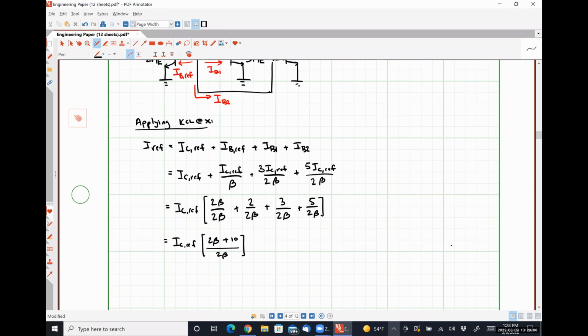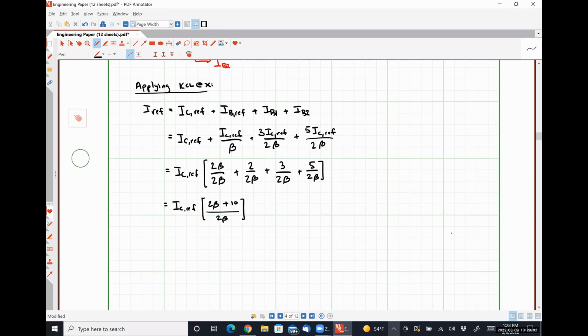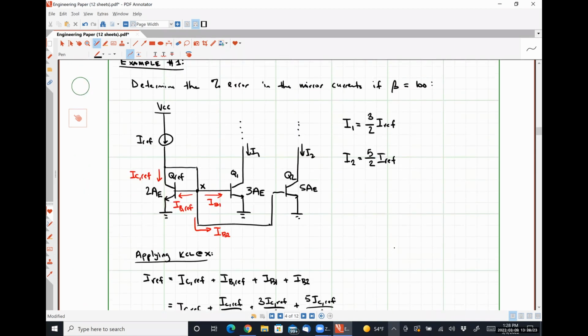Since ICREF is 2/3 I1, twice beta plus 10 over twice beta. And I got that from this relationship right here, where we're saying that effectively IREF and ICREF are supposed to be effectively the same thing.